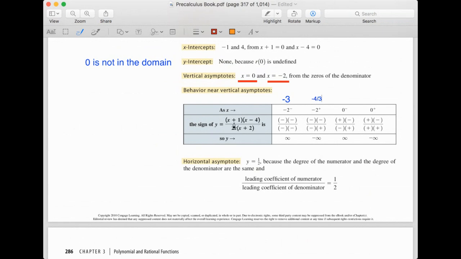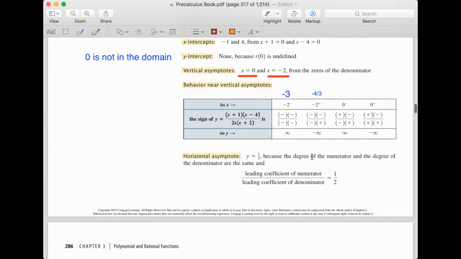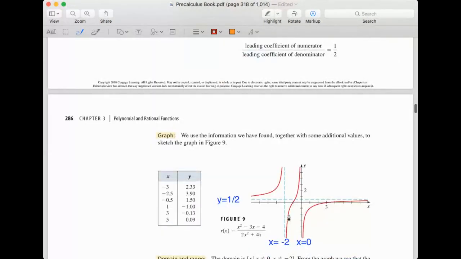If we evaluate, -4/3 plus 1 is negative, -4/3 minus 4 is negative, 2 times -4/3 is negative, and -4/3 plus 2 is positive. Then we get a negative, so we get a y value down below the horizontal asymptote.